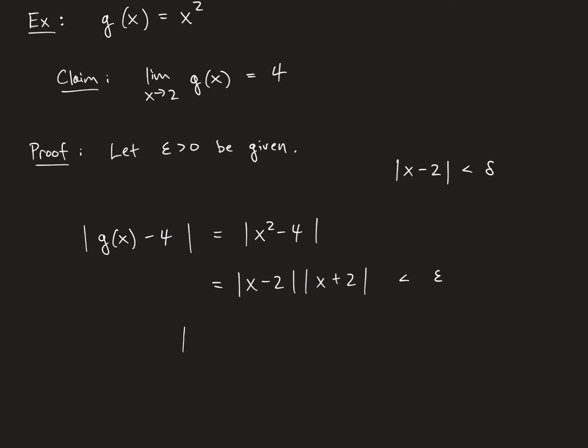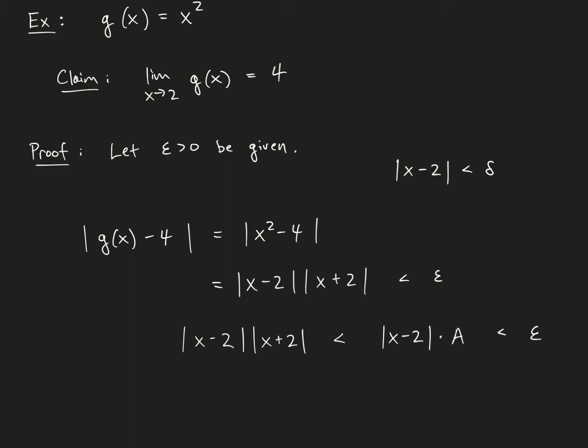We want to say that the absolute value of x minus 2 times the absolute value of x plus 2 is less than the absolute value of x minus 2 times some number, let's say a, and then we'll try to make that less than epsilon.